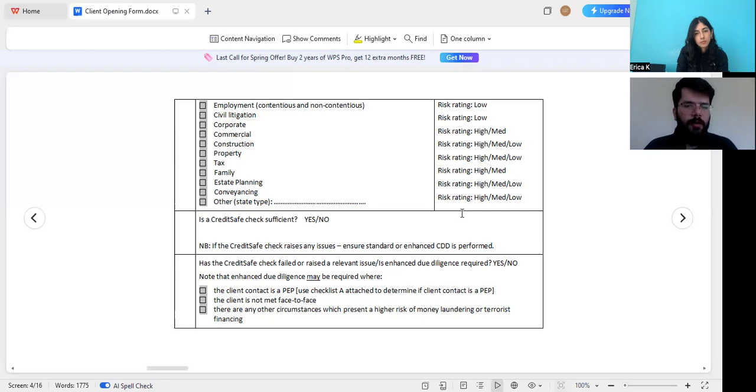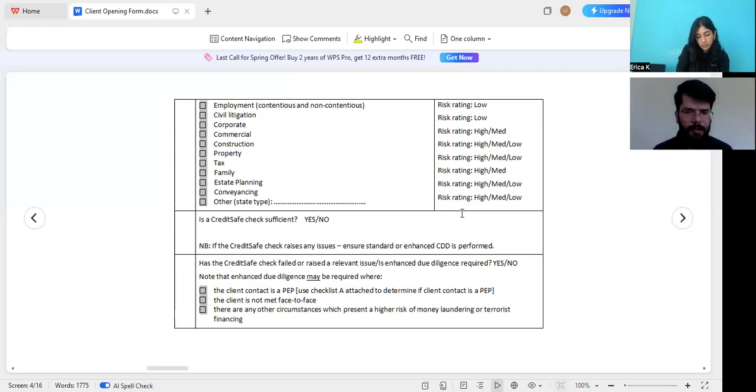Different law firms use different ID and AML check providers. Some use Credit Safe, some use Thirdfort, some use other sorts of third-party ID and AML verifiers. It's up to the law firm.